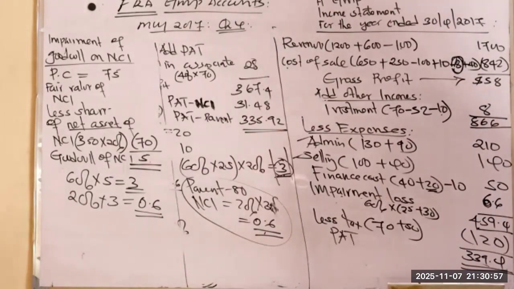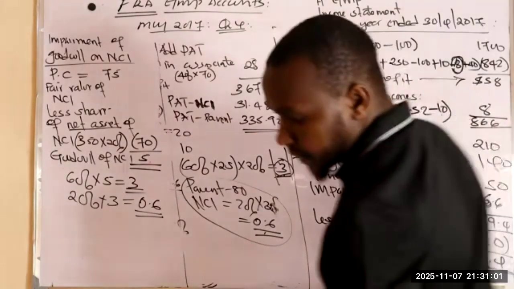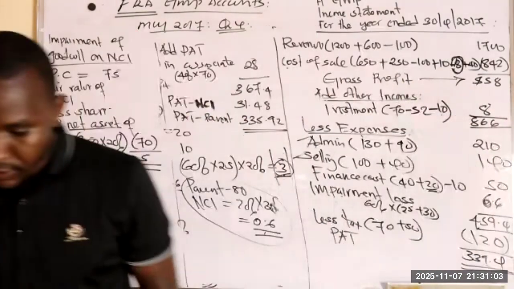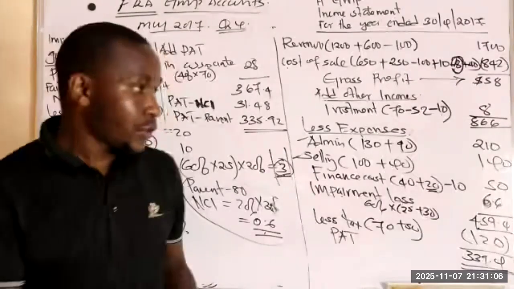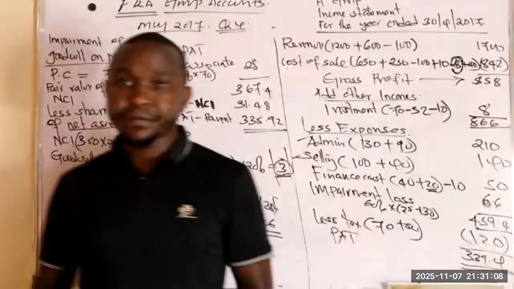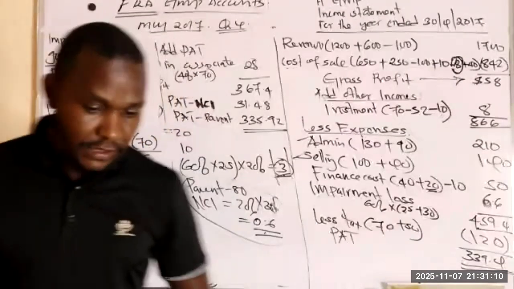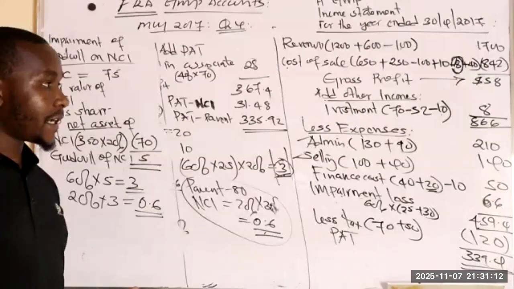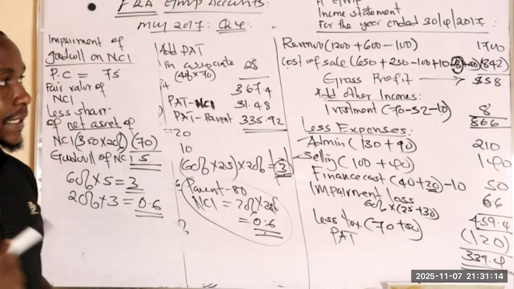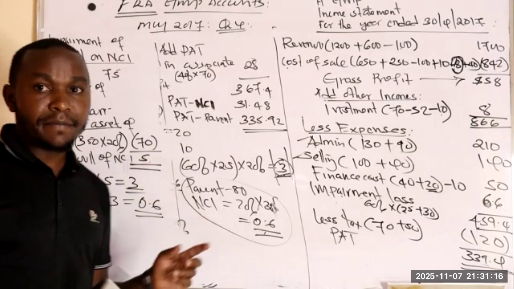So we are done with that. I will not start the P&L now. Go first and digest that, then we start the balance sheet in our next class. This is the balance sheet approach.